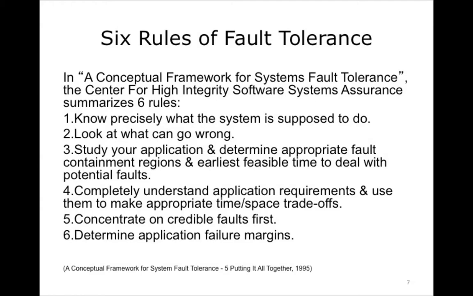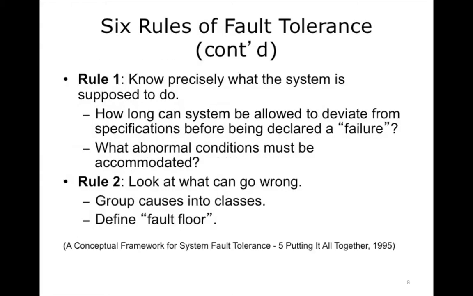Study your application and determine appropriate fault containment regions and earliest feasible time to deal with potential faults. Completely understand application requirements and use them to make appropriate time-space trade-offs. Concentrate on credible faults first. Determine application failure margins.